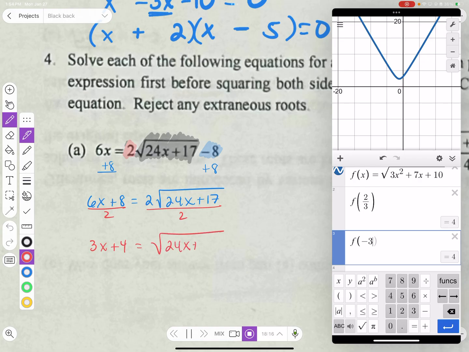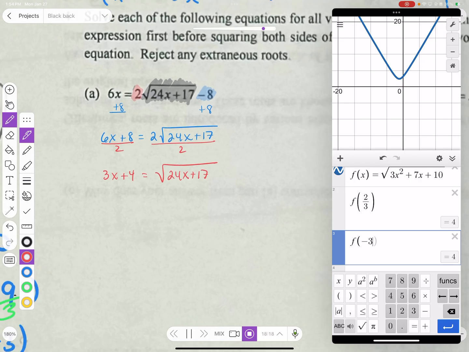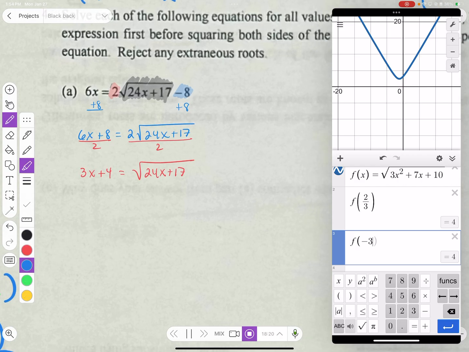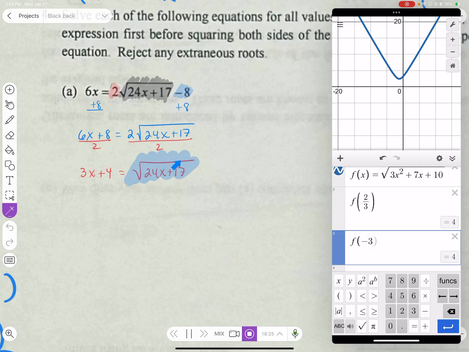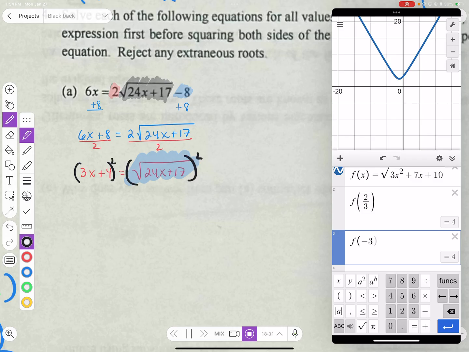Okay, so there's that first step. The first step's a doozy, because it's get the radical alone, and now it is. There's the radical, and there's the equal sign, and so it's alone on the right-hand side. I just square both sides, boom and boom. Radical be gone. Left side, rats. Binomial be squared.